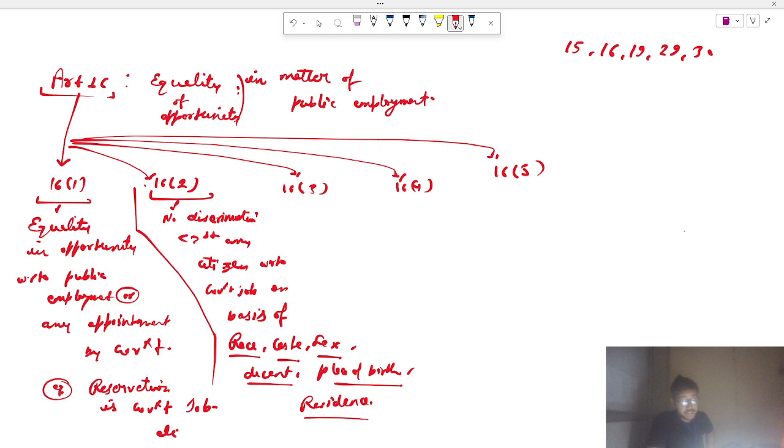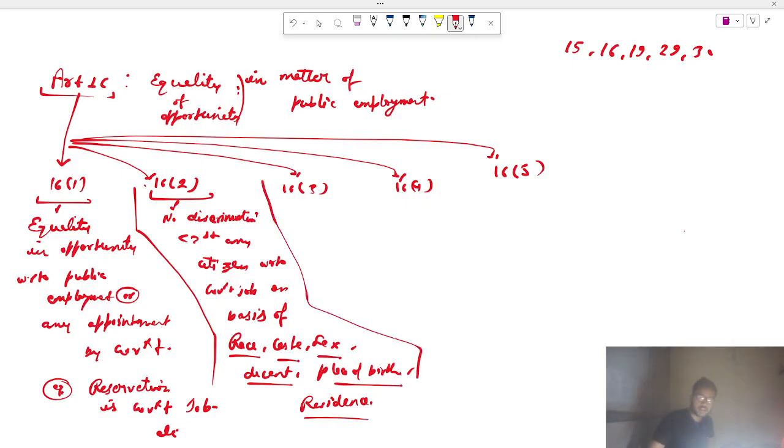But the state can discriminate on grounds other than these, such as educational qualification, minority status, and other provisions not mentioned in this article.